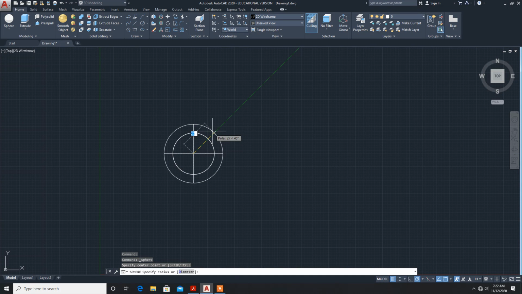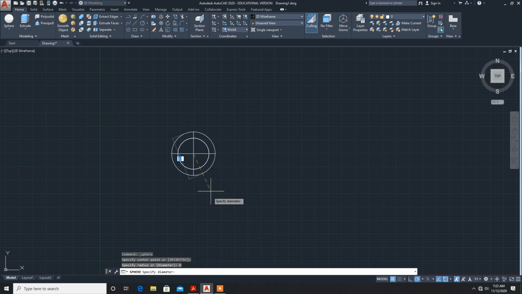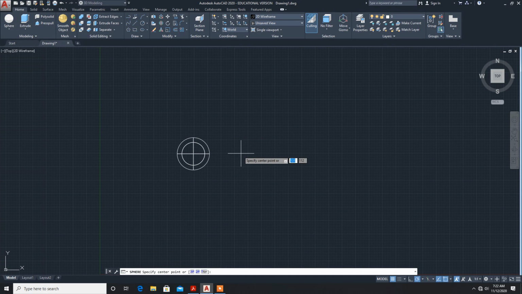Now here, diameter 30. Next sphere, diameter 30.